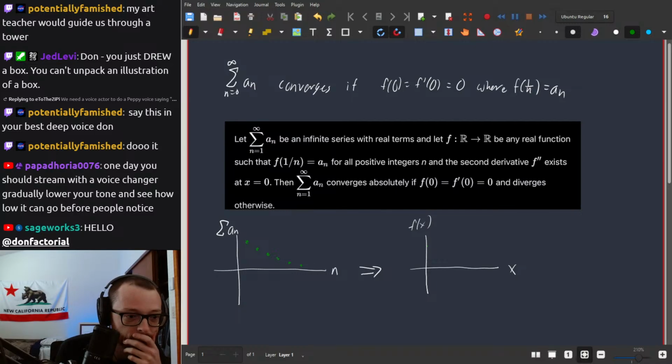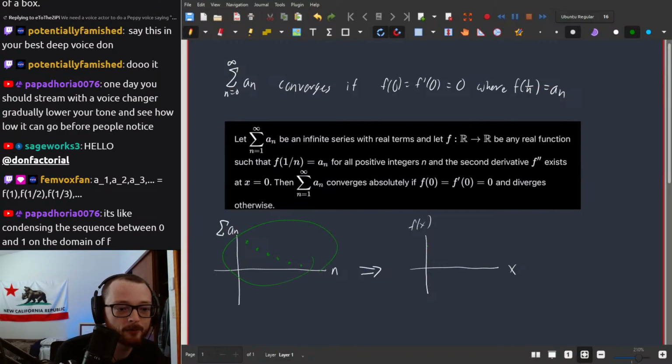But I think, yeah, okay, this actually makes perfect sense now why this would mean convergence. Because we're basically going to mirror this going off to the right instead now.